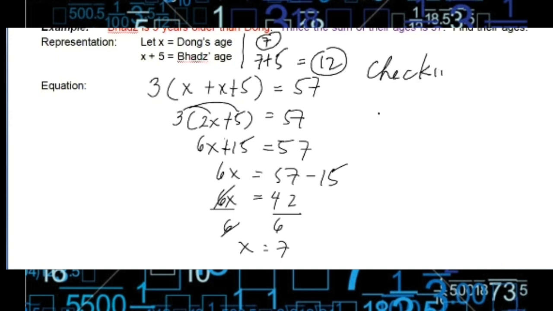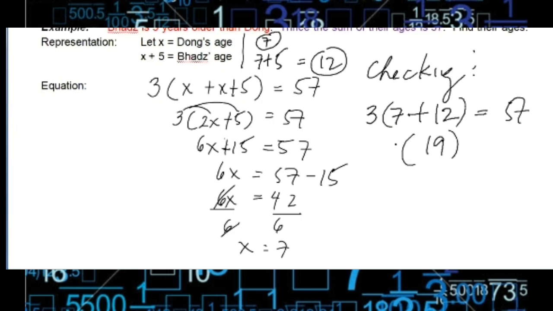Checking. So, sabi daw, 3 beses daw ng sum ng edad ni Dong sa ni Bads ay equal daw sa 57. So, 7 plus 12, 19. 19 times 3. 3 times 19, 57 is equal to 57. Check. So, we're right that their ages are 7 and 12.